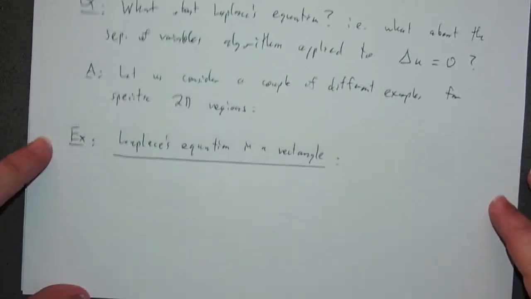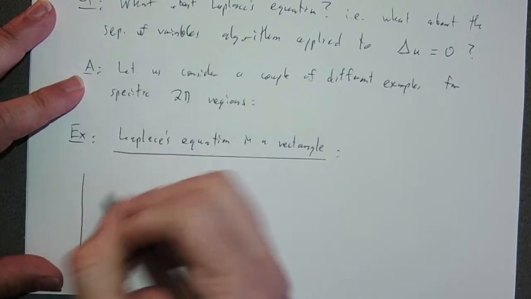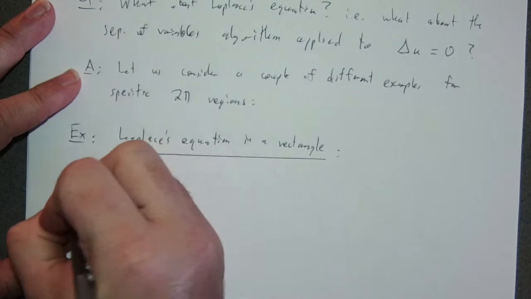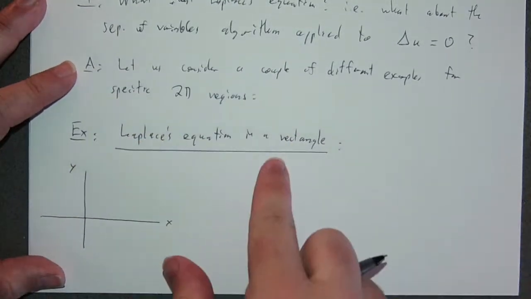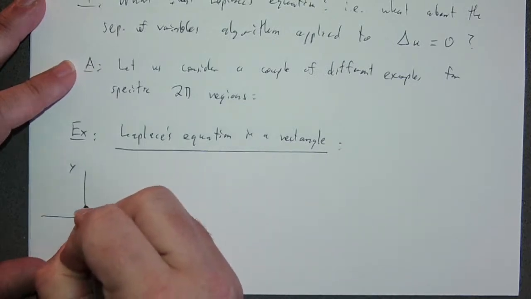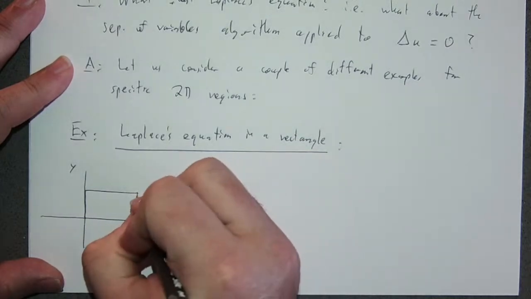So we can, just like we did with our 1D bar, put one end at the origin. So here we have Laplace's equation on some two-dimensional region, some rectangle. I might as well put one of its vertices at the origin. So we'll put its bottom left vertex at the origin here. So we'll have a rectangle that looks like this.